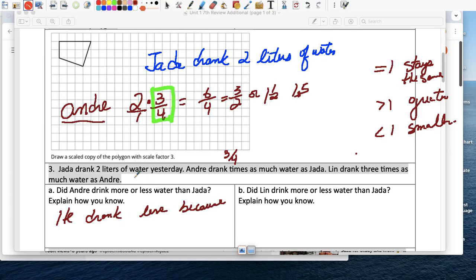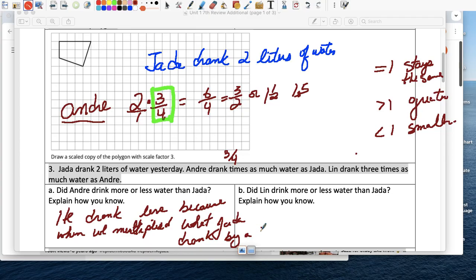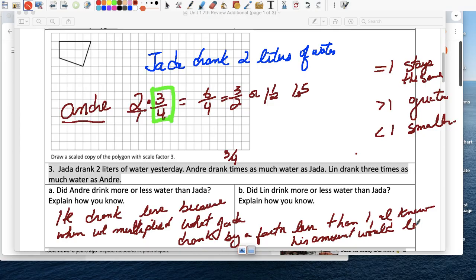because when we multiplied what Jada drank by a factor less than 1, we knew his amount would be less than whatever Jada drank.